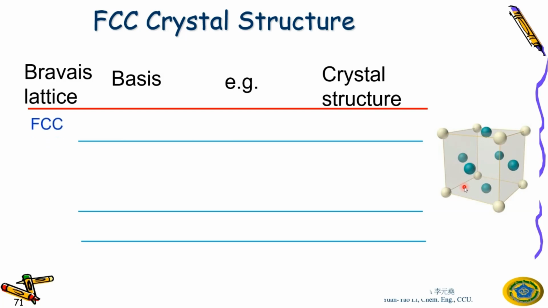For the FCC, if you put an atom here, for example gold, aluminum, copper, or platinum, this is FCC, the crystal structure of gold, right? This can be aluminum, copper, or platinum. We learned this today.